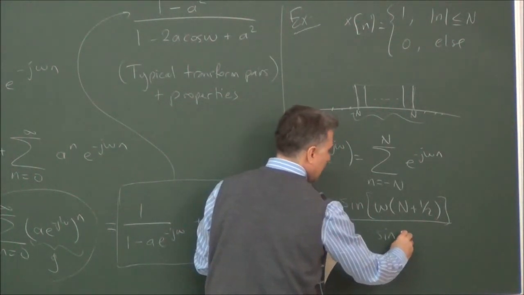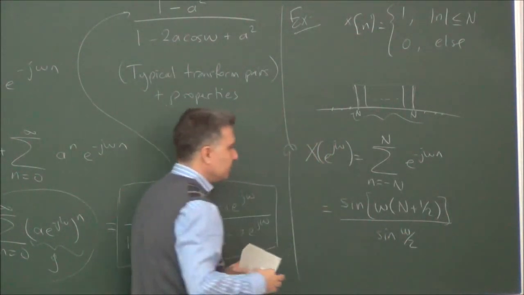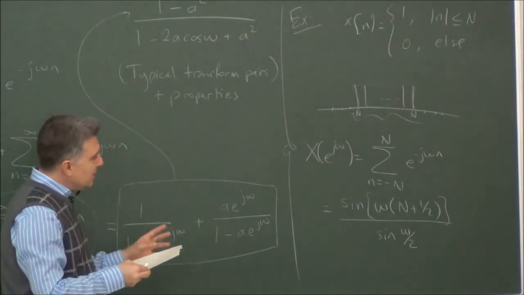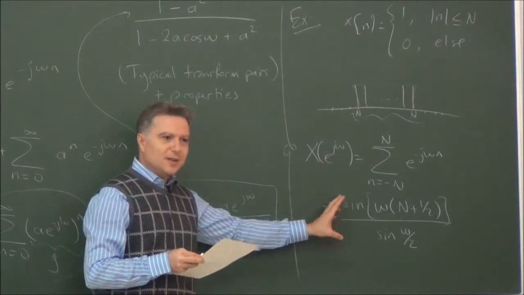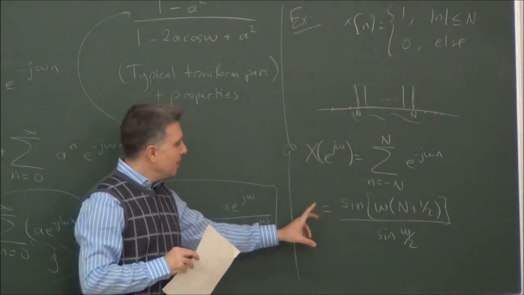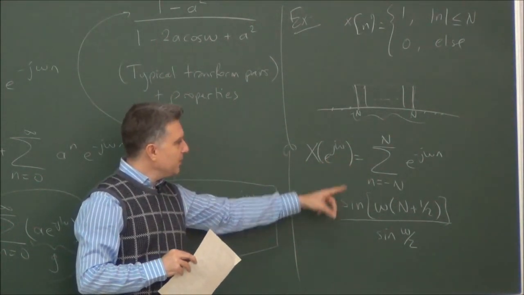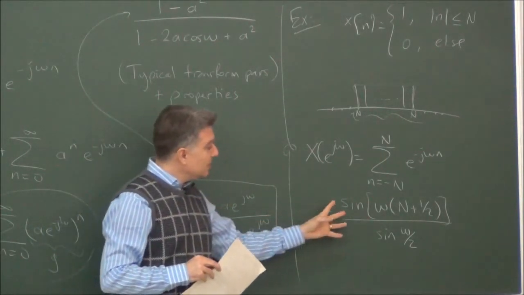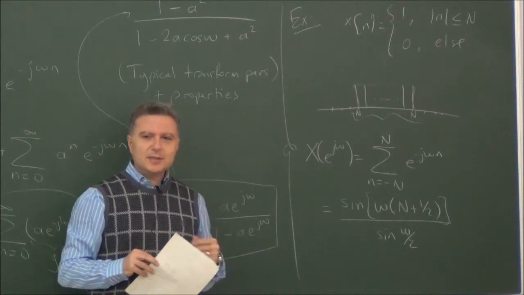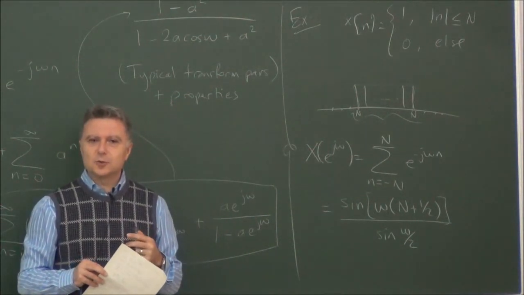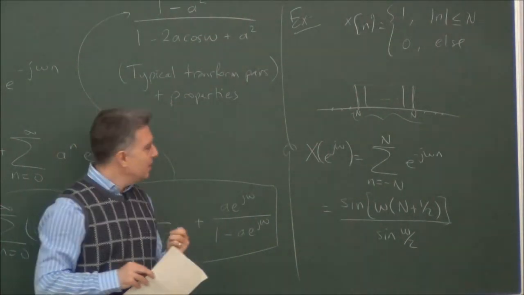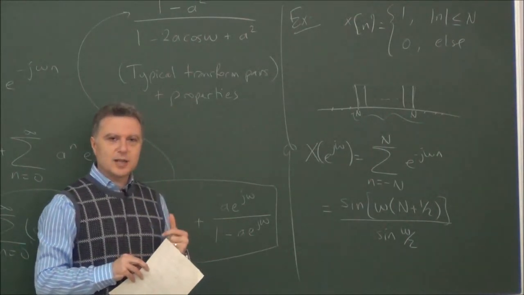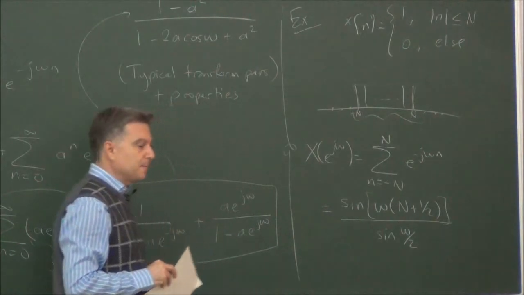This is a strange expression that comes from simplifying the summation term. It's a bit difficult to see whether it is 2 pi periodic or not. For that, you may want to make substitutions and verify yourselves that this is indeed 2 pi periodic.